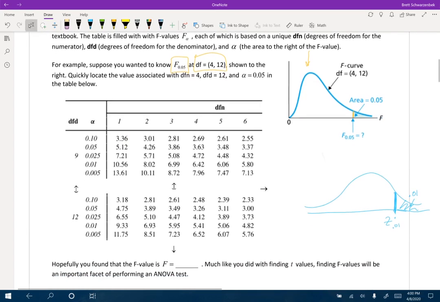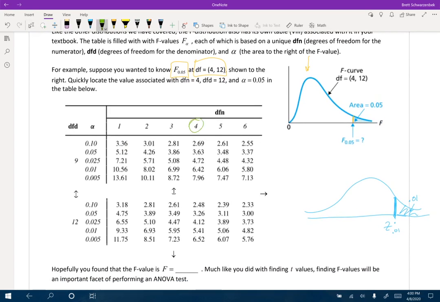So what do we do? Across the top, you can see the degrees of freedom is 4 right here for the numerator. Across the side, we have a 12. So the only thing we need to do is find the area to the right, which is our values of alpha. So in this grouping right here, it appears that the key value is 0.05, which represents f sub 0.05.